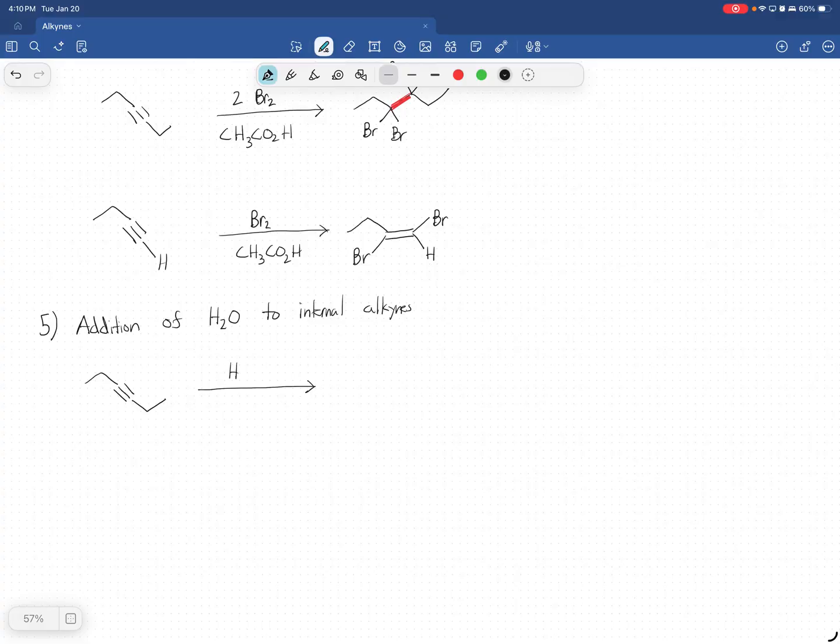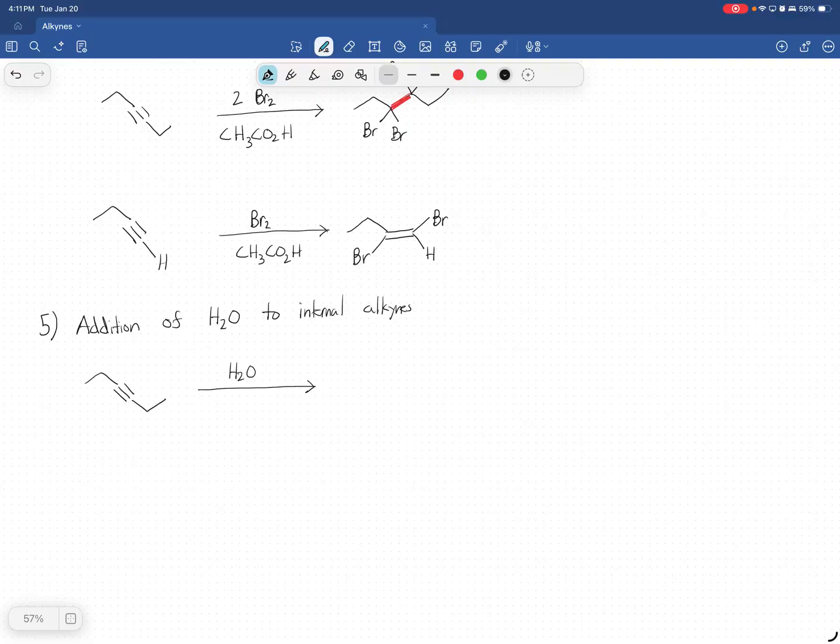All right, so for alkynes, it's not as straightforward as alkenes. You can't just use sulfuric acid. The reason is, the intermediate here is a vinyl carbocation on an sp2 hybridized alkene carbon. Those are very unstable.